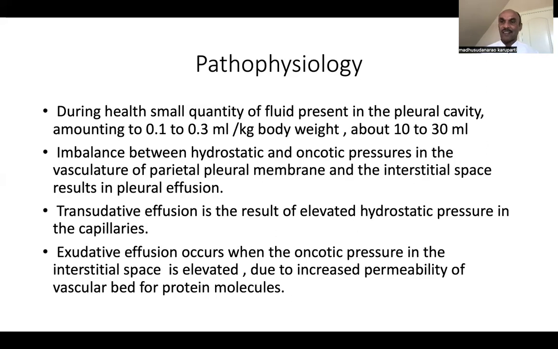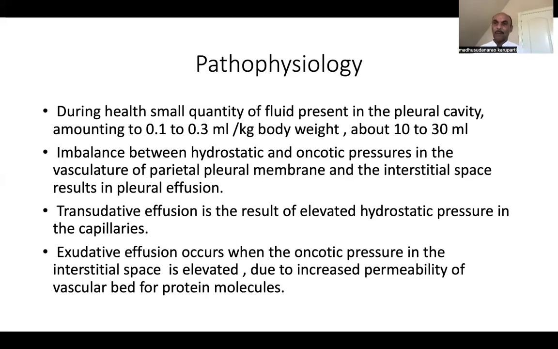That occurs in the conditions which I mentioned earlier, like congestive heart failure, nephrotic syndrome, cirrhosis of the liver, hypoalbuminemia, etc. They result in the transudative type of pleural effusion. Those conditions which cause inflammation secondary to infection result in the protein leak into the interstitium, which results in the exudative type of pleural effusions.